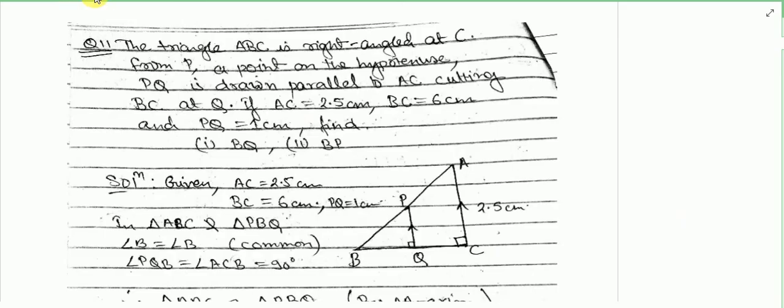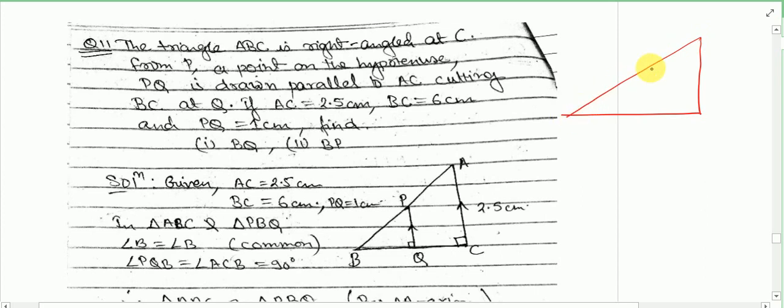Okay, now let us see question number 11. Question number 11 says the triangle ABC is right angled at C. So there is one right angle triangle ACB. At C it is 90 degrees.